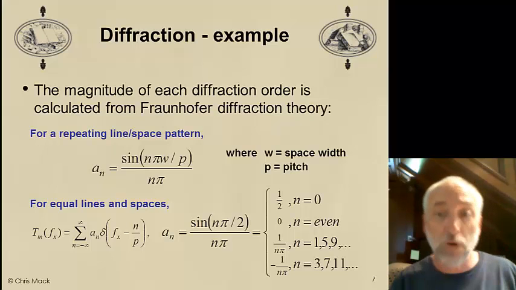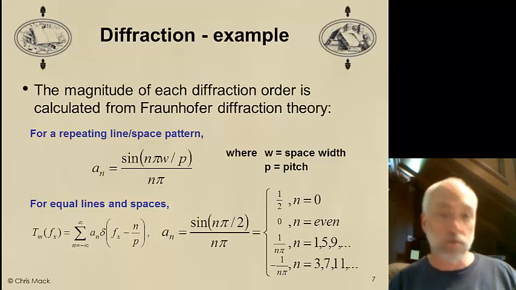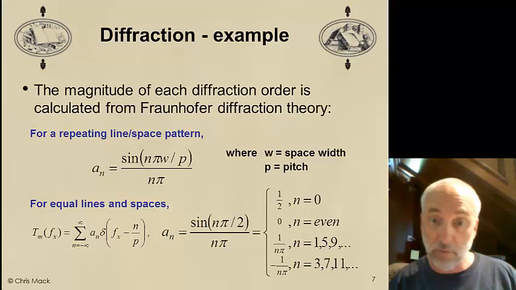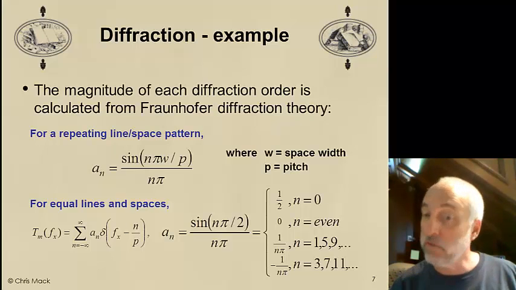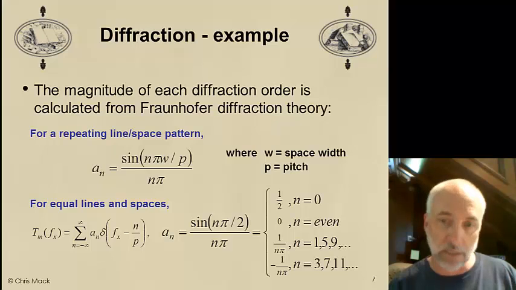I find that for all the even values of n, the amplitude is 0. For even values of n, I get multiples of pi, and the sine of pi is always going to be 0. So for even values of n, the amplitude of my diffraction order is 0. That's only true for equal lines and spaces.